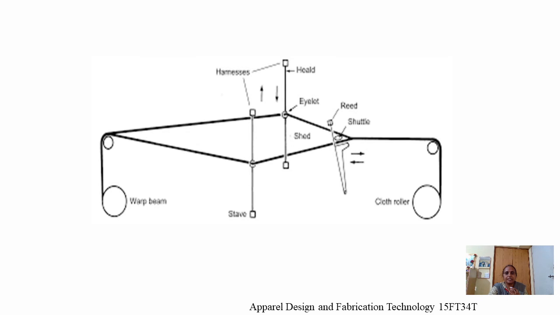With the raising and lowering of the harnesses, the warp yarn passes through this eye and forms the shed, and through the reed you are beating the inserted weft yarns towards the cloth beam. We insert the weft yarns through this shuttle and push them towards the cloth beam to form continuous fabric. This is the representation of the motions of the weaving.